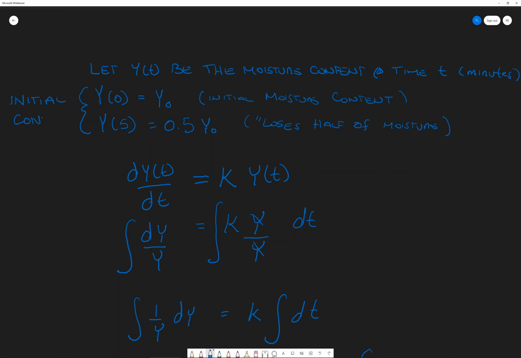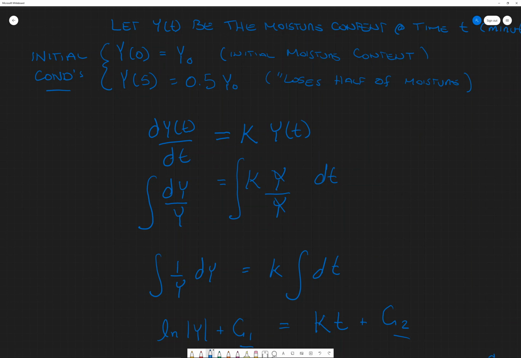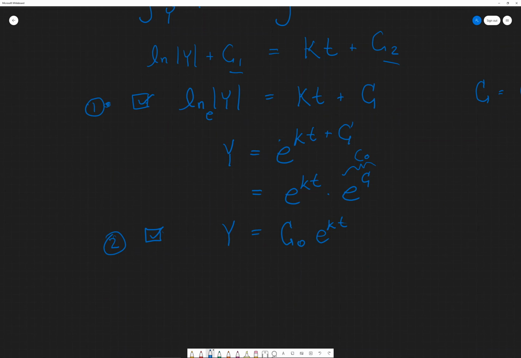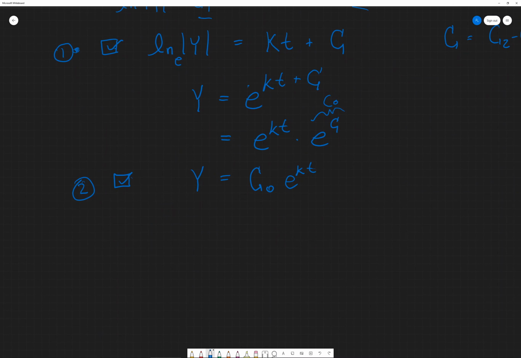These are the initial conditions for the problem. So let's go through. We say y at 0 equals y0. What does this tell us? It doesn't matter which form we use. I'm going to go with form number 1 as the solution.